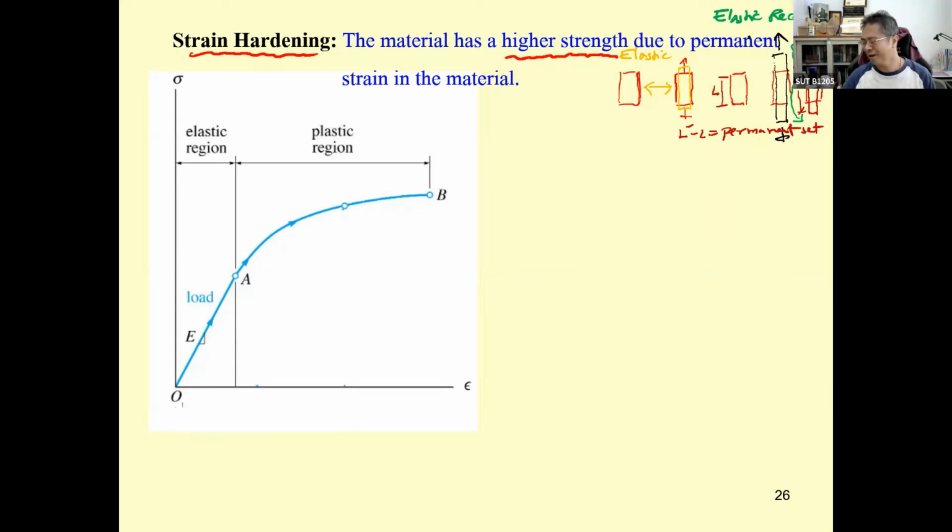What I'm showing you is when you pull it, very large deformation, and when you release it, some of it is elastic recovery, and the lost length L prime minus L is going to be permanent set. Okay, this portion, the structure shows us the plastic behavior.